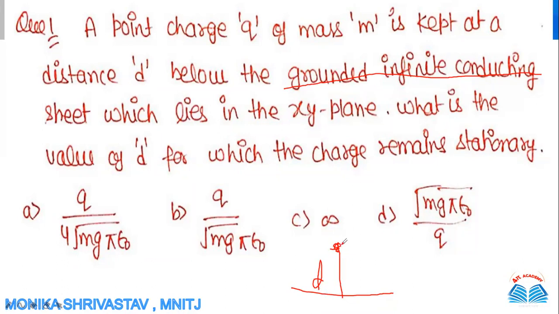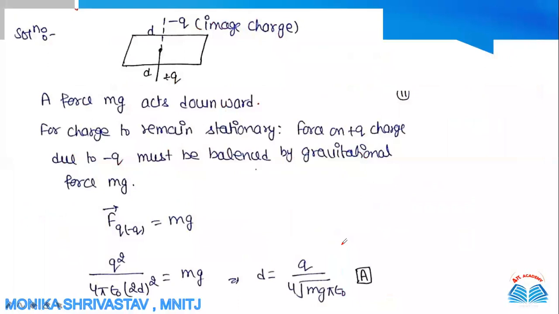Means it is not oscillating, it is not moving here and there, it is just stationary. We have to calculate that value for d. So how to solve these types of questions? So yes, this is your diagram. This was your charge which is placed here. Okay, it is minus q or plus q. This is your charge plus q which was placed here at distance d below this plane.